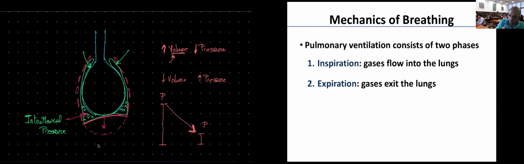If you remember from the cardiac chapter, why do I have a negative pressure between the two layers of the pleura? Remember, your lungs have a tendency to collapse and your chest wall has a tendency to expand. So when you are pulling the two layers away from one another, you are creating a vacuum, a negative pressure.